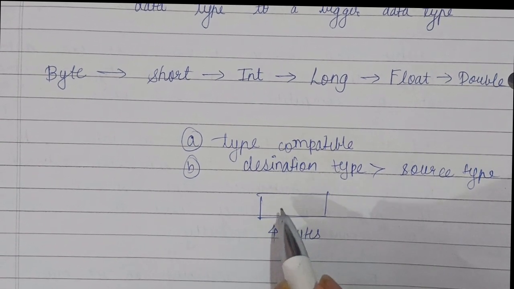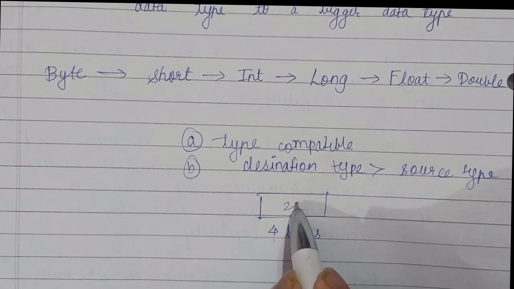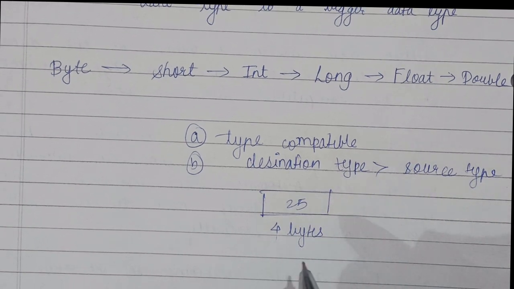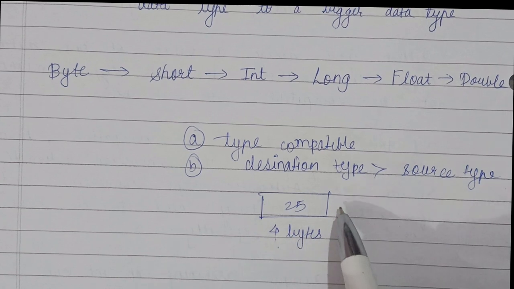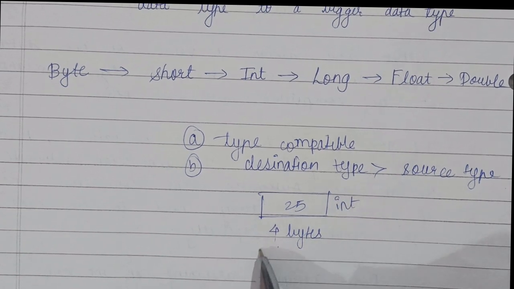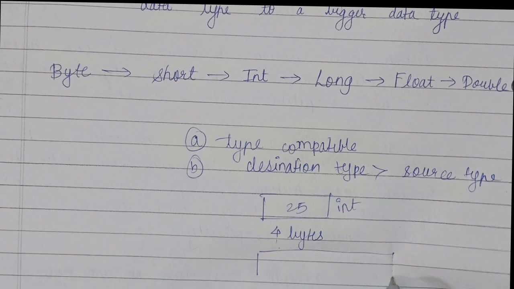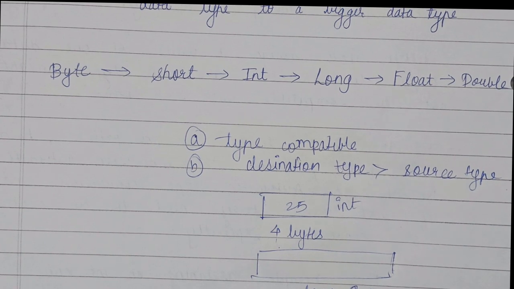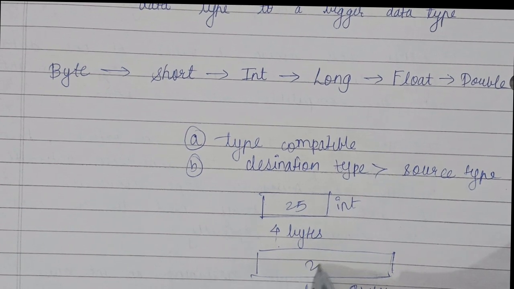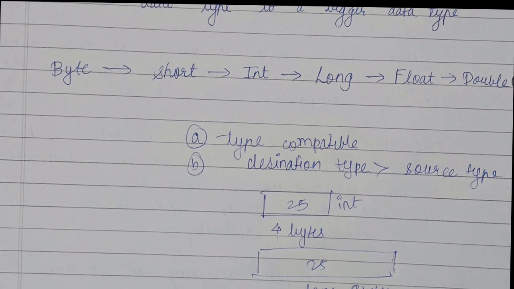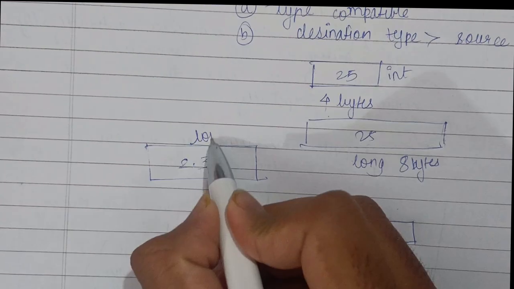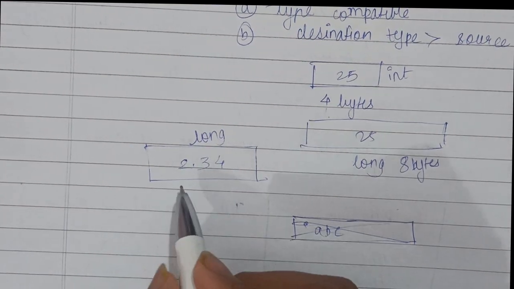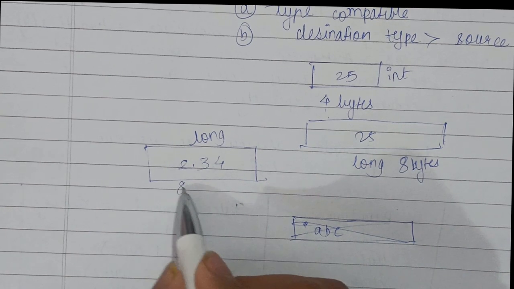Let's say we have taken 25, and we are converting this 25, which is integer type, to long, which has 8 bytes. So it will convert integer to long data type, which has 8 bytes.